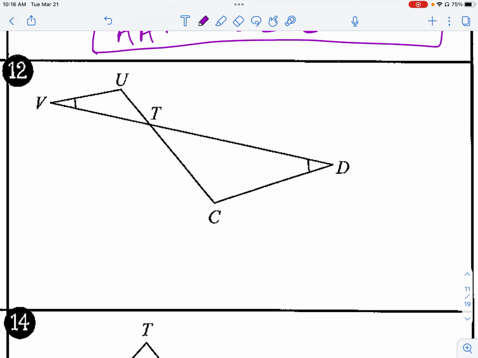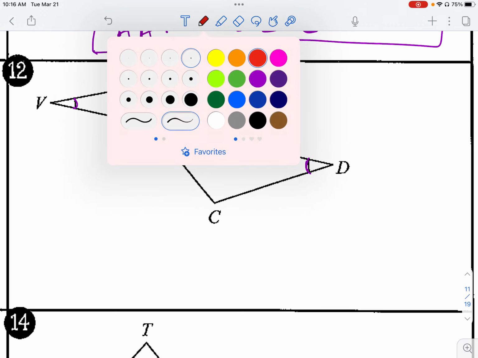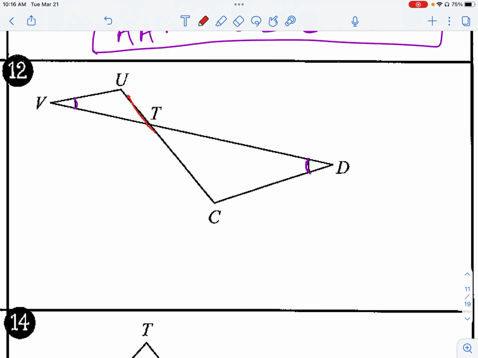All right, so then number 12. Well, here they give us an angle. And once again, we've got our big X. So we know we got vertical angles. So two angles, angle, angle, similarity.